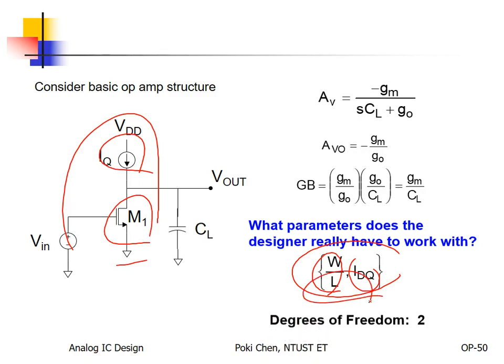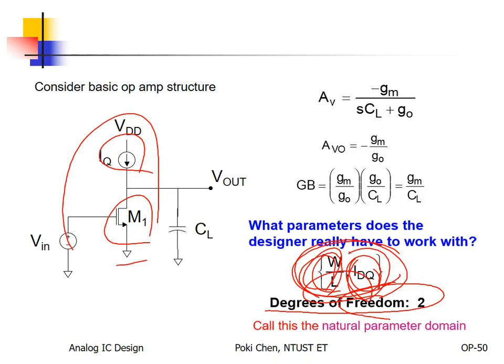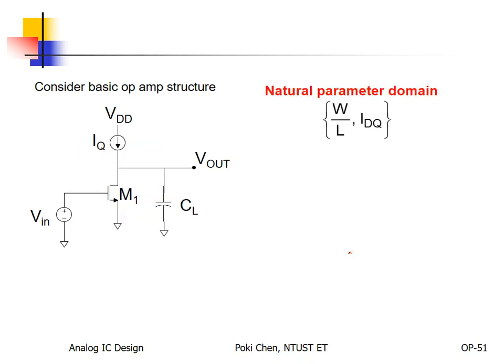Anyway, here we have W over L, the sizes, the aspect ratio, and the bias current. We also have 2 degrees of freedom, the same as the small signal design domain. Now you can achieve the same thing. If you are curious, you can derive it.